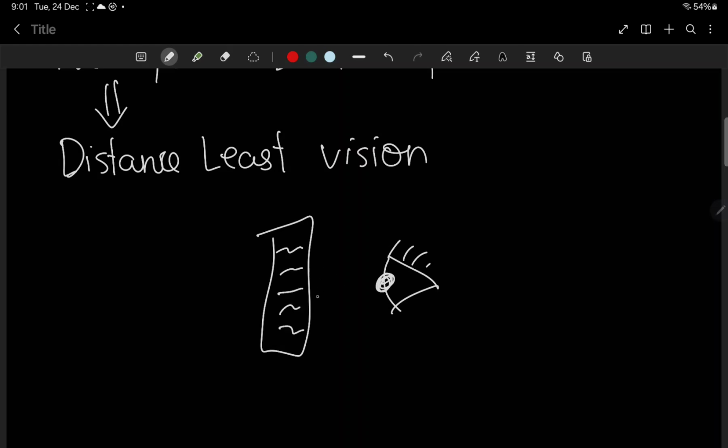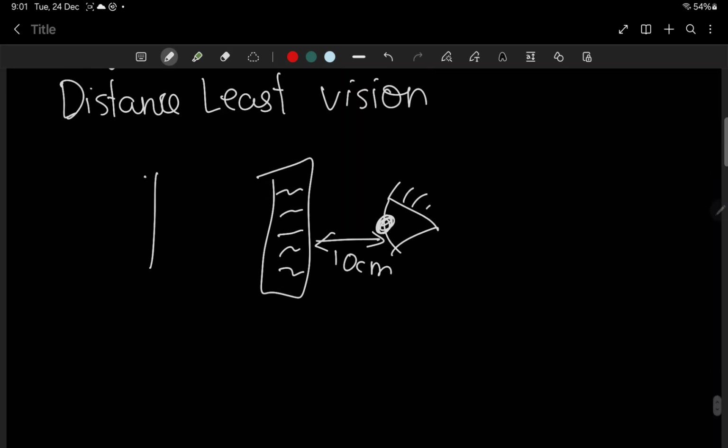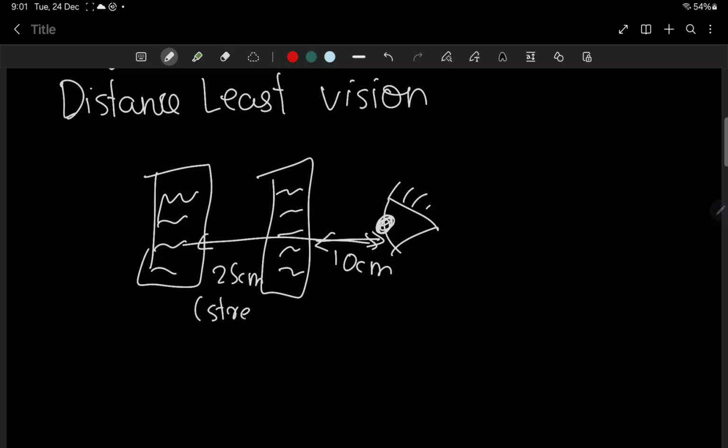If you keep the book within 10 centimeters from your eyes, you cannot read it. Try it with a paper: within 10 centimeters, you cannot read anything. But if you keep it 25 centimeters from our eyes, we can read it, but we need to apply stress.